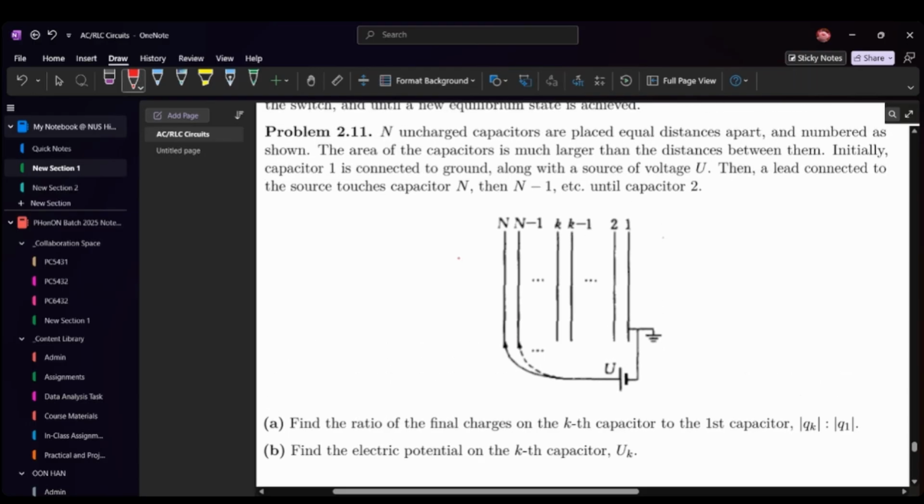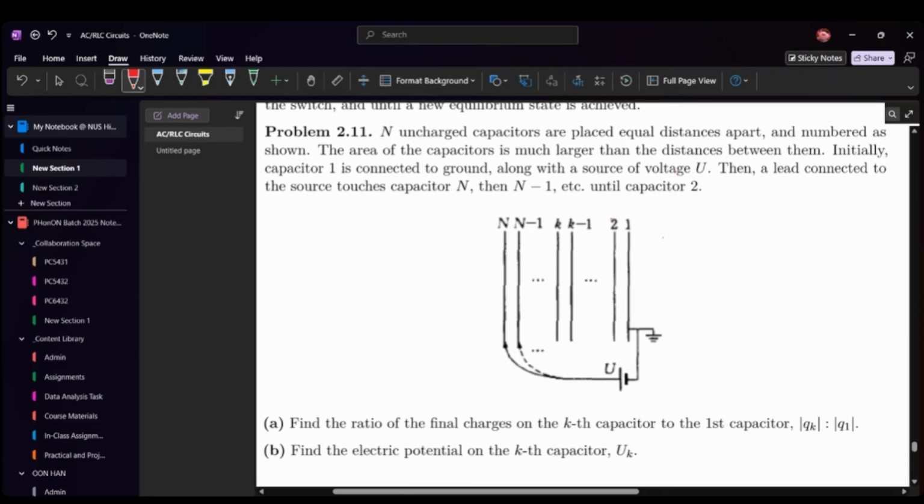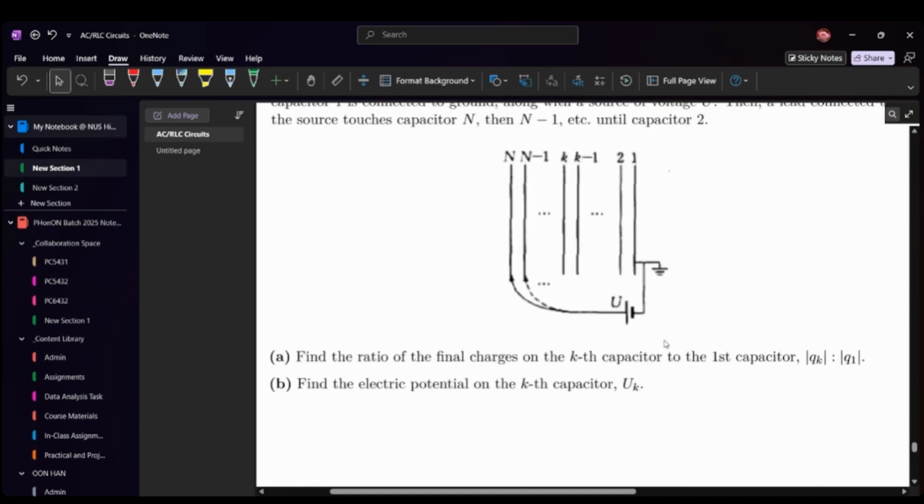So the question says n uncharged capacitors are placed at an equal distance apart, and they're numbered like this. The area of the capacitors is much larger than the distance between them. Initially you connect one to ground, and then you connect the source of voltage U, and let the connector to the source touch these capacitors slowly.